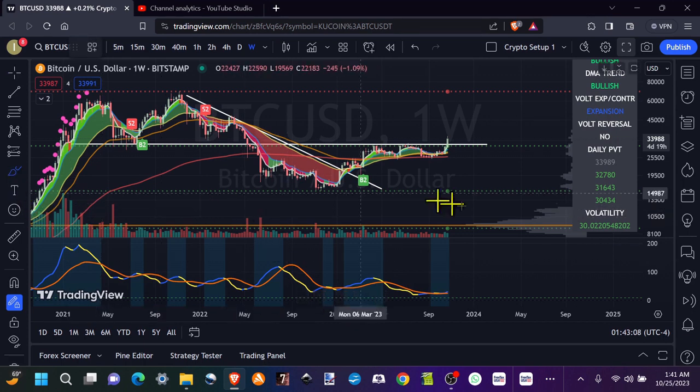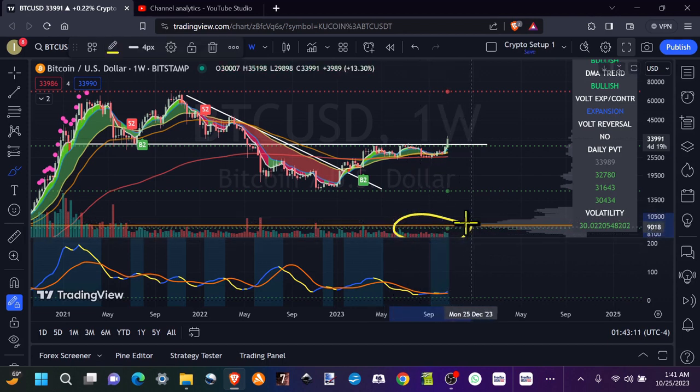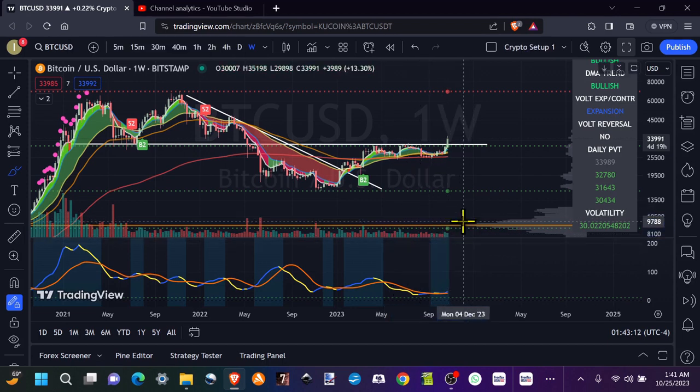And also the volume here is much, much lower than what we've seen in the past. So although I would not go all in here, and I'm not going to go all in, again, this is not investment advice, but for me, what I'm going to do is dollar cost average a bit more than what I've been doing.